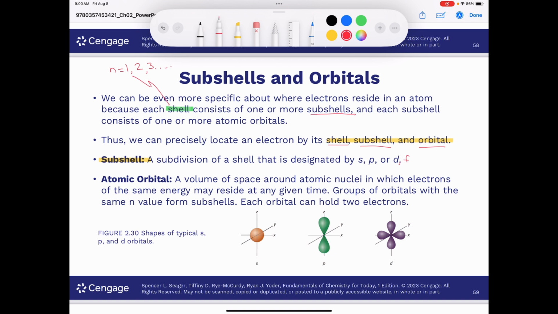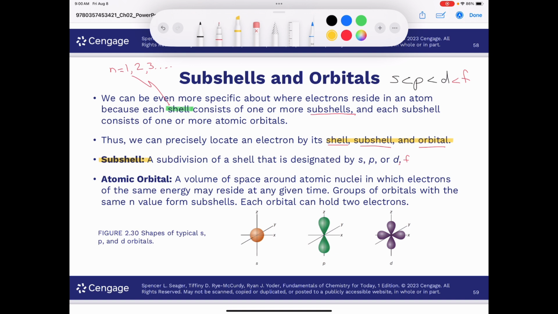What you should know is that the subshells increase in energy. So s is the lowest energy subshell. It's lower in energy than p, which is lower in energy than d. So d is going to be higher in energy than p, and p is going to be higher in energy than s. And then again, in this class, we're not going to worry about f orbitals, but f orbitals are actually higher in energy than s, p, or d.